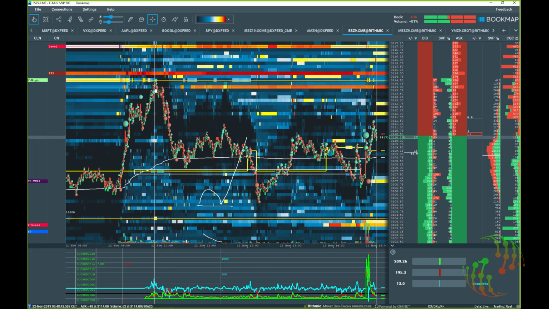It's a pre-session. It's not maybe suitable for US colleagues here because you are still sleeping. But in the pre-session for European traders, this might be extremely good trading because there's less volatility than after the session start, of course, and it goes down.